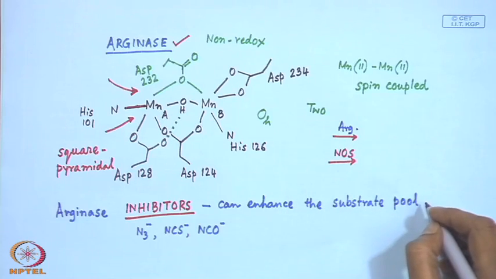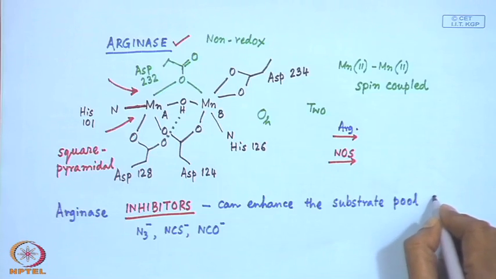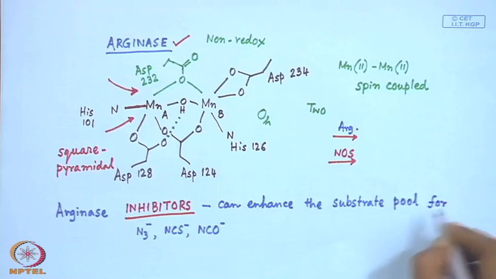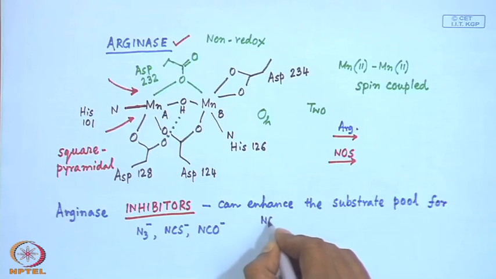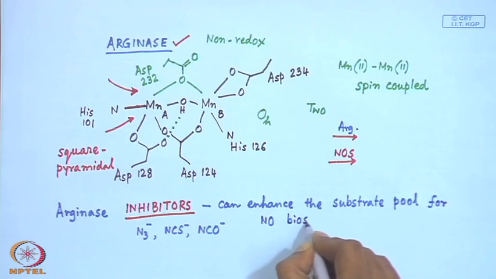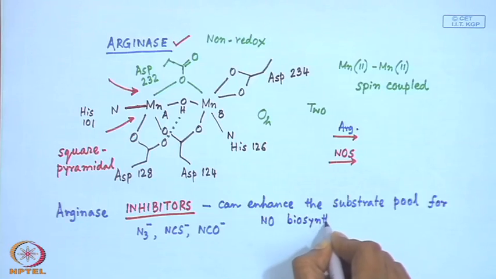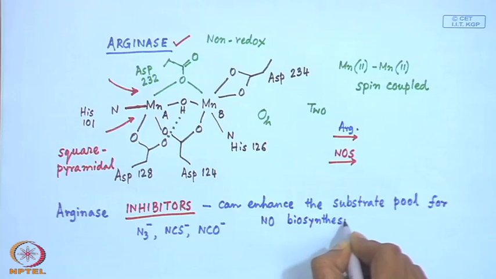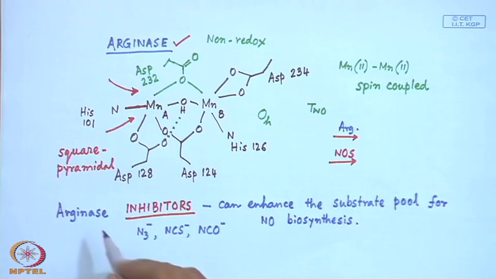So, we can enhance the substrate pool for nitric oxide biosynthesis. That gives us some clue how inhibitor design sometimes can help us.